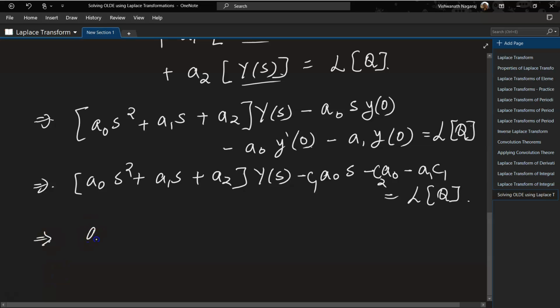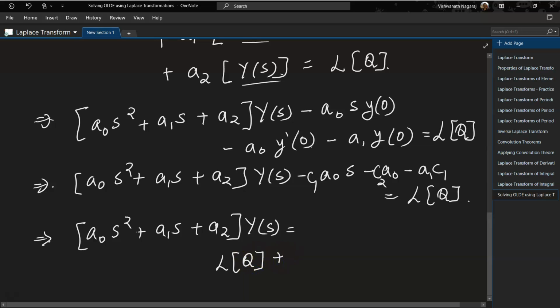Now let's rearrange the terms. Let's say a naught s square plus a1 s plus a2 times capital Y of s is equal to Laplace of q plus, this all will become plus, right? So a naught c1 s plus a naught c2 plus a1 c1.